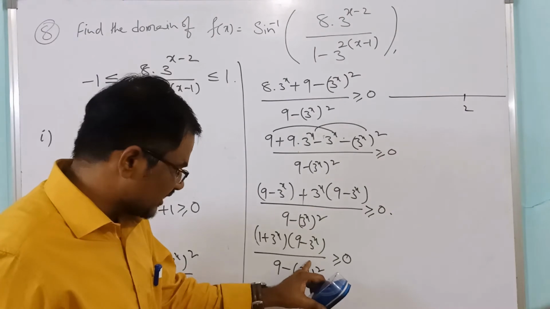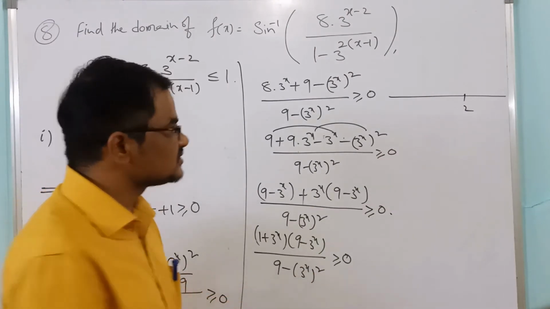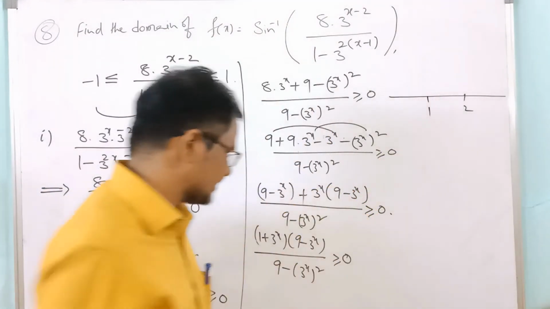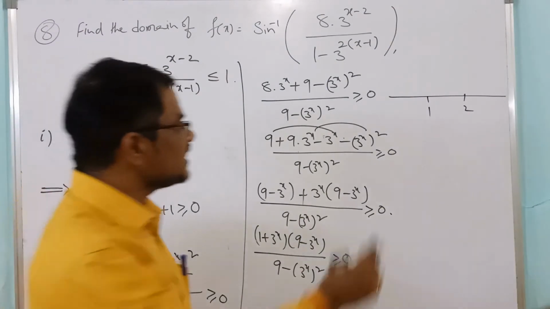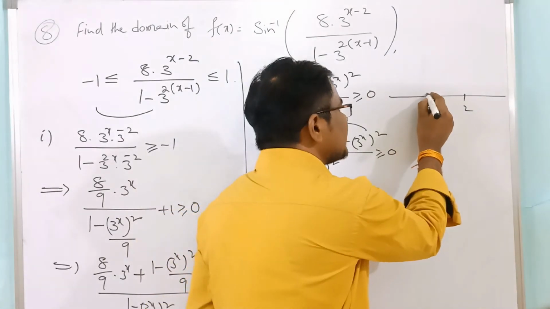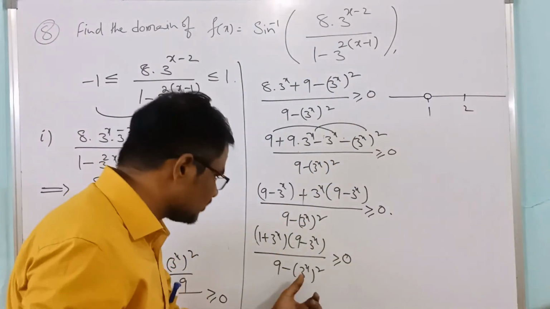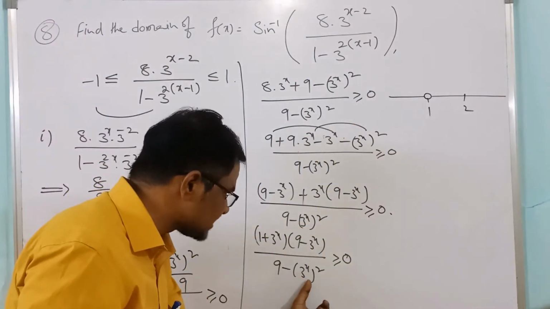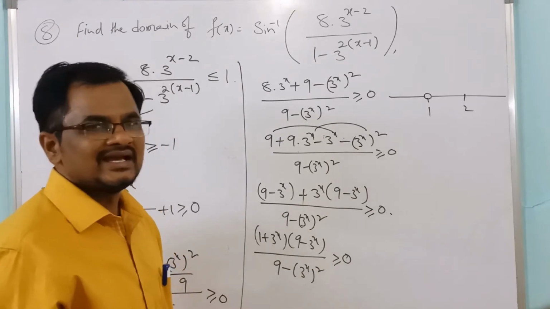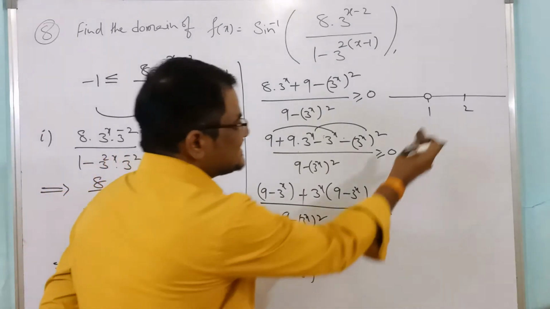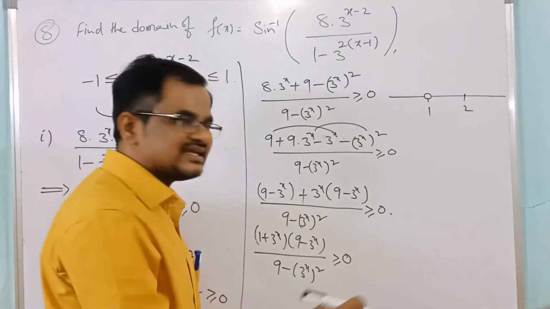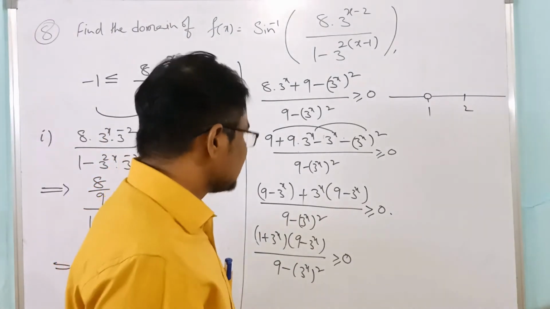Now here x equal to 1, if you take 3 square, 9 minus 9, so that one I will also take as a critical point, right? Now here x is not equal to 1, because if x equals 1, then 9 minus 9 is 0, so it does not exist. So that's why, right? Now, by the sign scheme method we are finding.